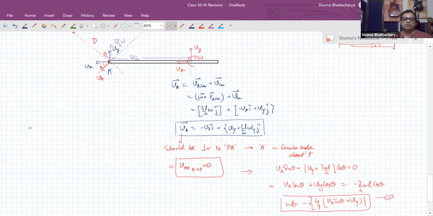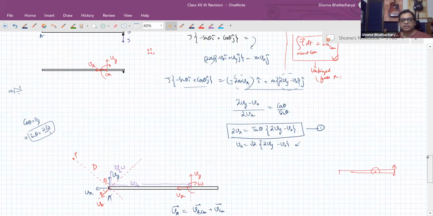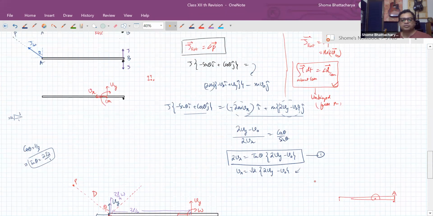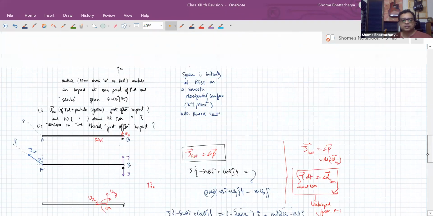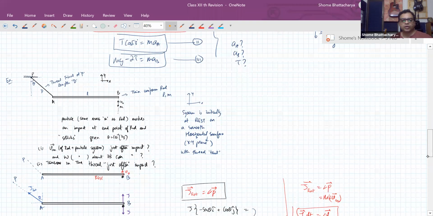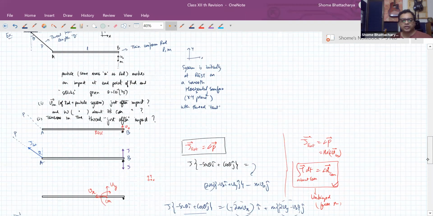Okay. So now remember our unknowns are Vx, Vy and omega. So we need one more equation. We have got two equations so far. As you can see, one equation we got from angular momentum conservation about the point P or about the point A, whatever.